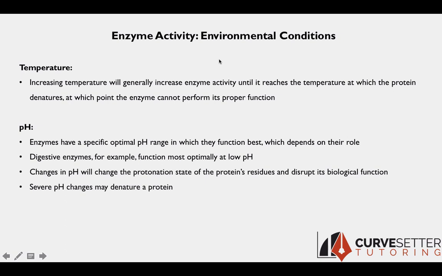Because it increases the energy of those reactant molecules, making it easier for them to get to that activated transition state. So generally, increasing temperature is going to increase enzyme activity, but that only continues to a certain point at which the temperature is so high that it begins to denature the protein. And at that point, of course, the enzyme cannot perform its proper function.